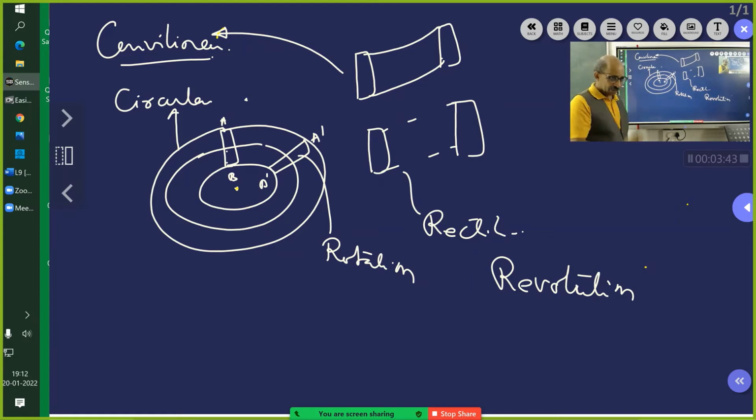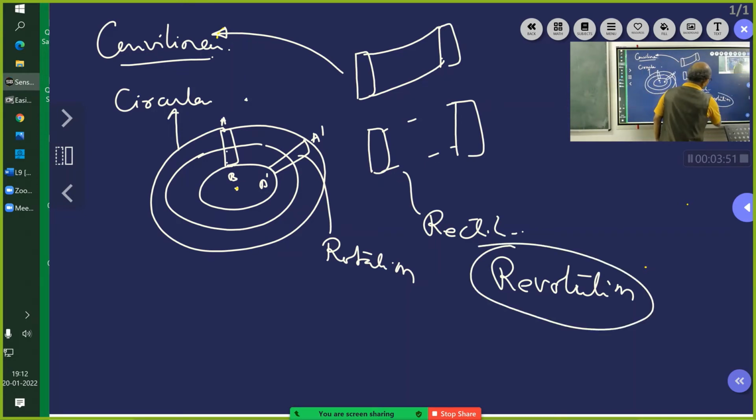But frankly speaking, there is confusion about all these things. So the right answer is, how is the motion of moon around Earth? You say it is revolution. That's the approach.